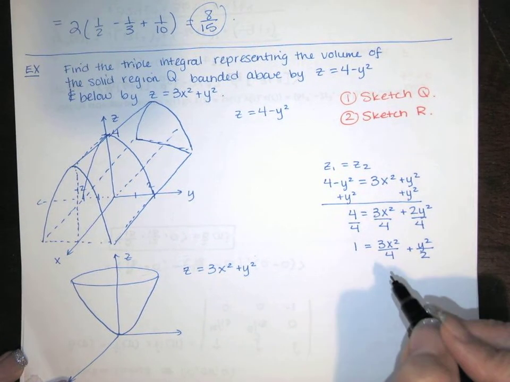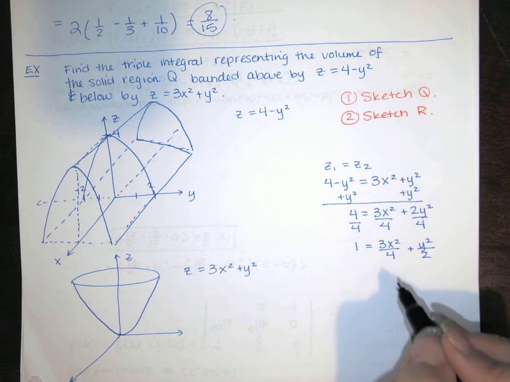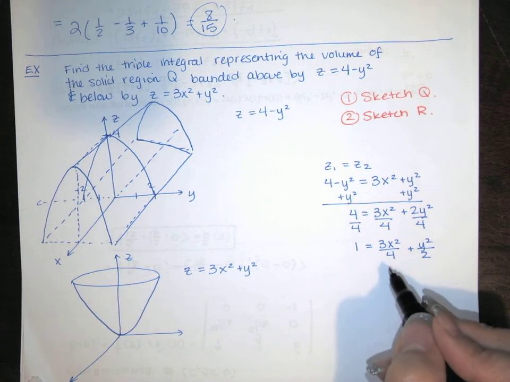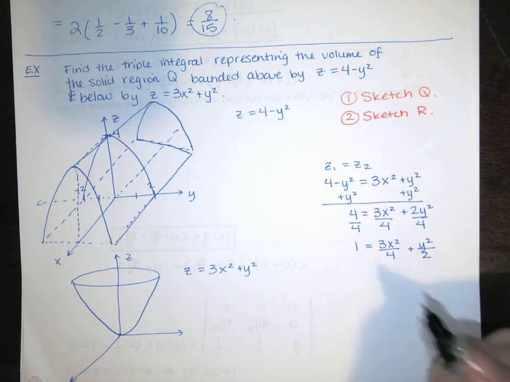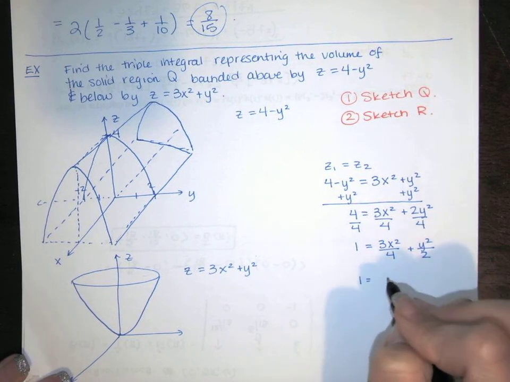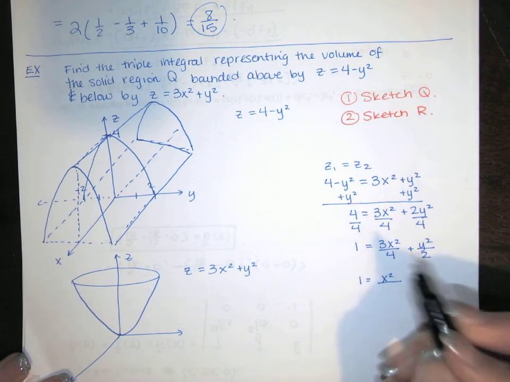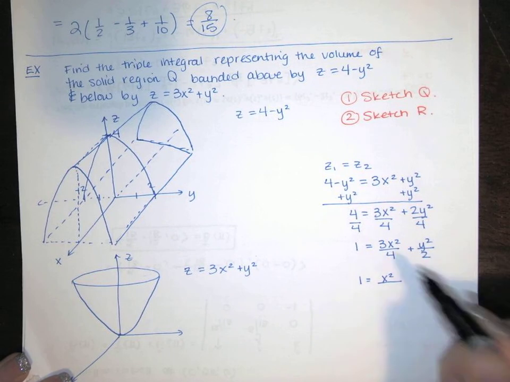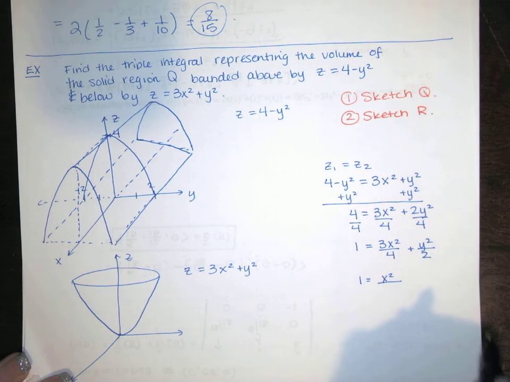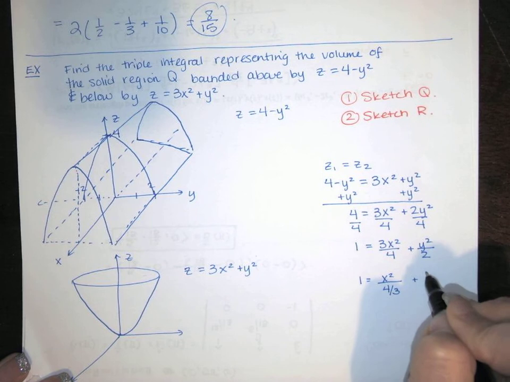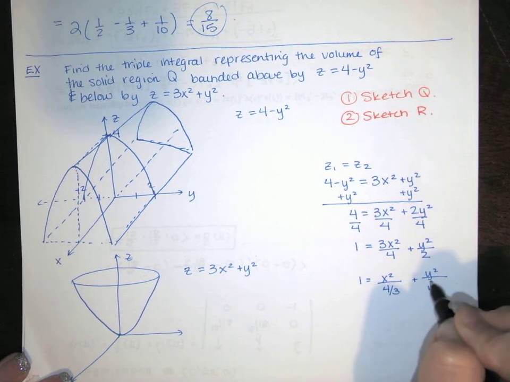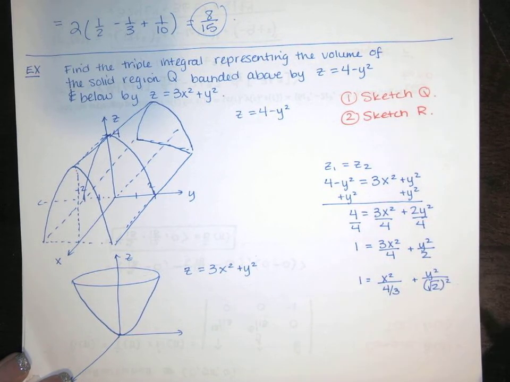Now, the way we typically like to write this is as x squared over a constant a squared plus y squared over a constant b squared. So here's the trick. Instead of multiplying this x squared by 3/4, I'm going to divide it by the reciprocal. I'll divide it by 4/3. And that 2, I'll call that the square root of 2 squared.